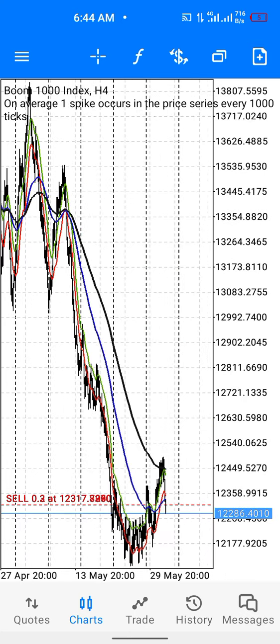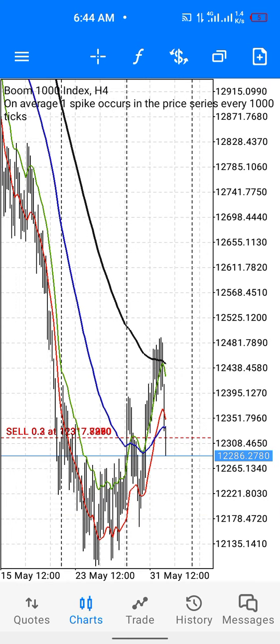you'll be having this on your chart, which means you'll be having moving averages 100, moving averages 50, then moving averages 6 and 6, also high and low.